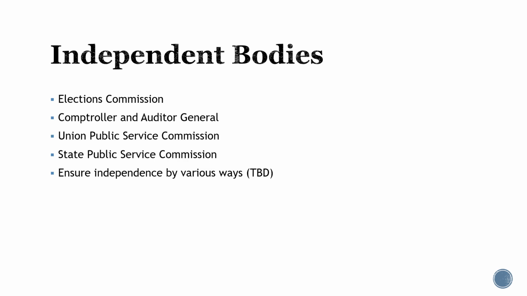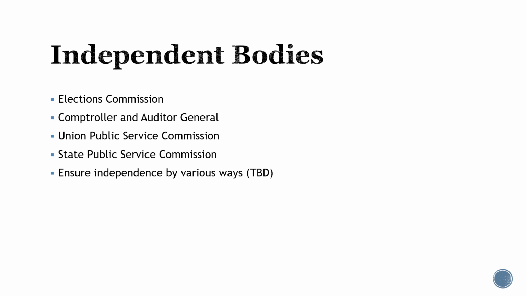So we have certain constitutional as well as extra-constitutional bodies, and their independence is ensured. Some of the examples would be the Election Commission, Comptroller and Auditor General, Union Public Service Commission, and State Public Service Commission.